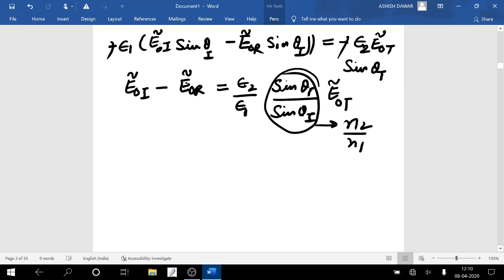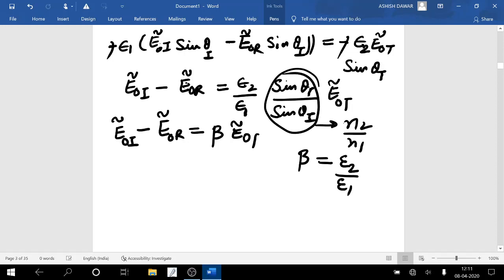So what we get: E0i minus E0r equals epsilon 2 upon epsilon 1 into n2 upon n1 E0t, that is beta E0t, where beta equals epsilon 2 upon epsilon 1 into n2 upon n1.